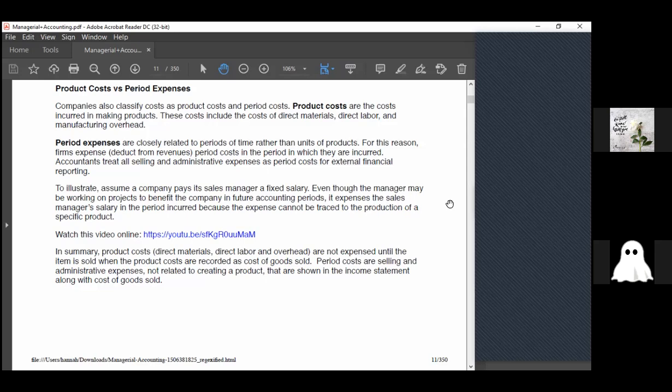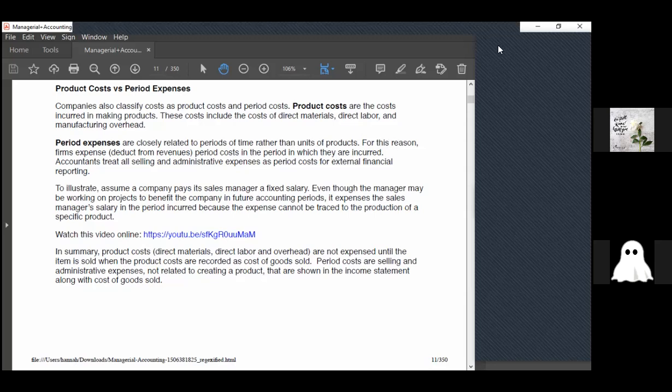Period cost, as they say, are something that cannot be connected to the product, but they are incurred over a period of time. Just like fixed costs, we said. Costs that occur regardless of whether your production is going on or the production is turned off.